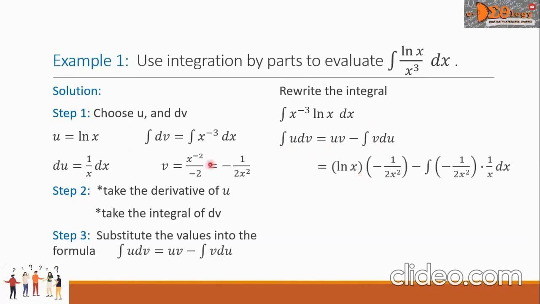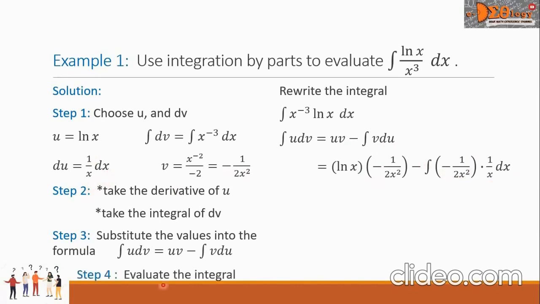So the u is now the ln x, and the v is replaced by this negative 1 over 2x squared. Then minus the integral of v, which we now replaced by negative 1 over 2x squared times the du. Our du here is 1 over x dx, and we copy this value in here.